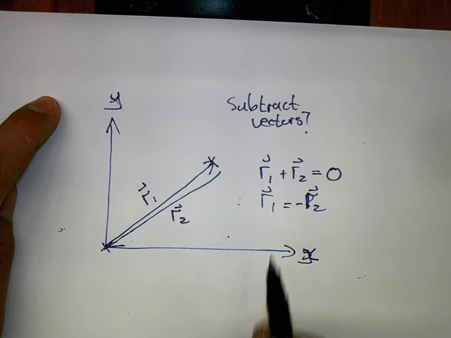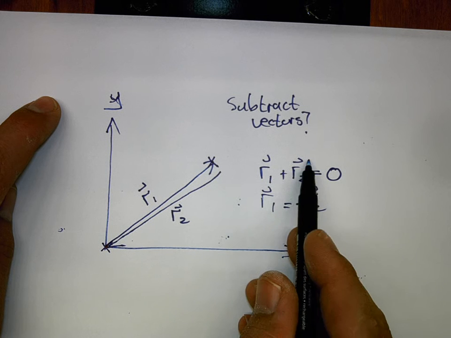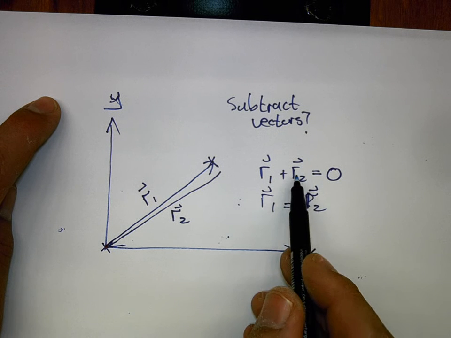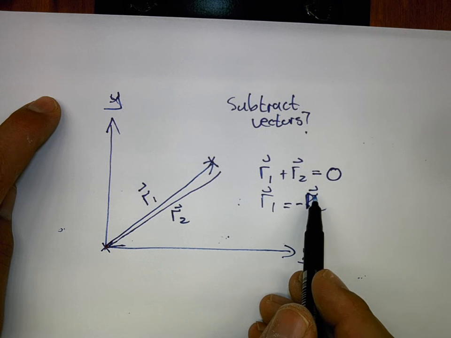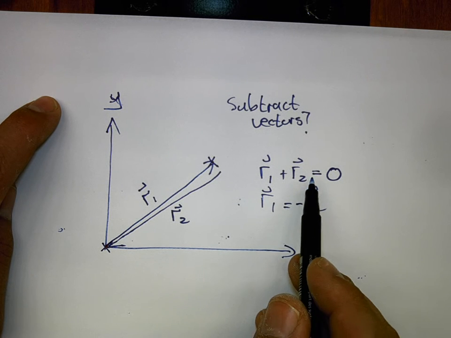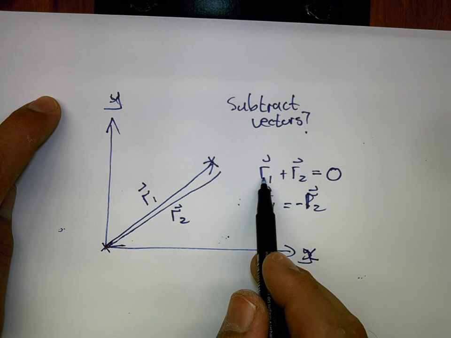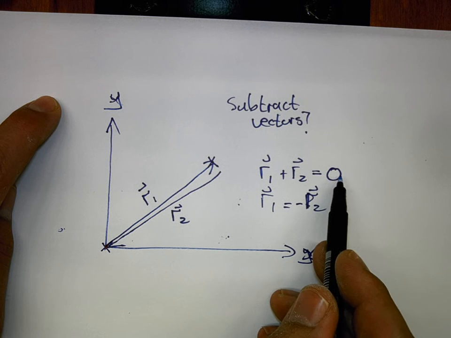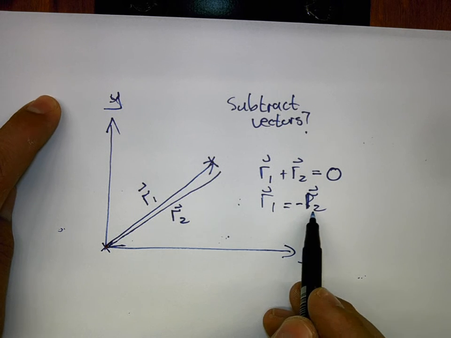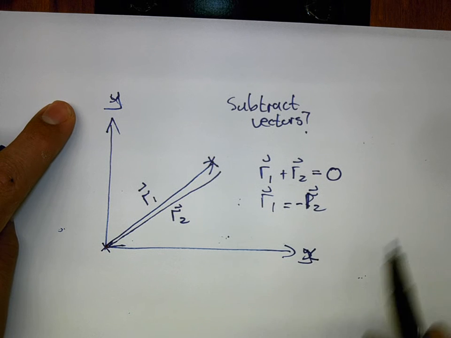Because if I've got 4 apples, I add to that negative 4 apples, I must end up with 0 apples. So if I walk in a certain direction and I walk back to where I started from, my total displacement is 0. And this then tells me how to define the negative of a vector.